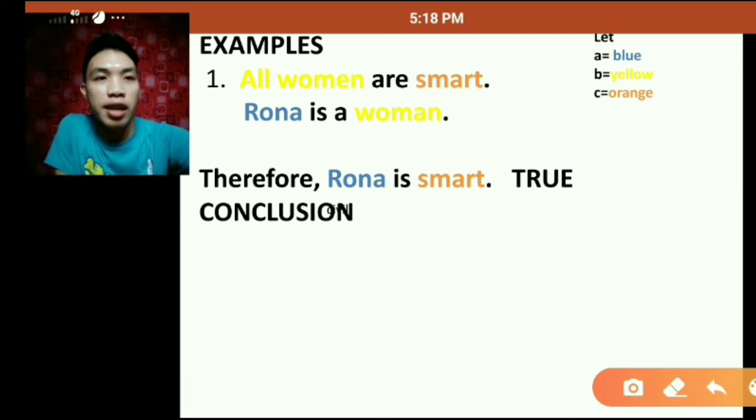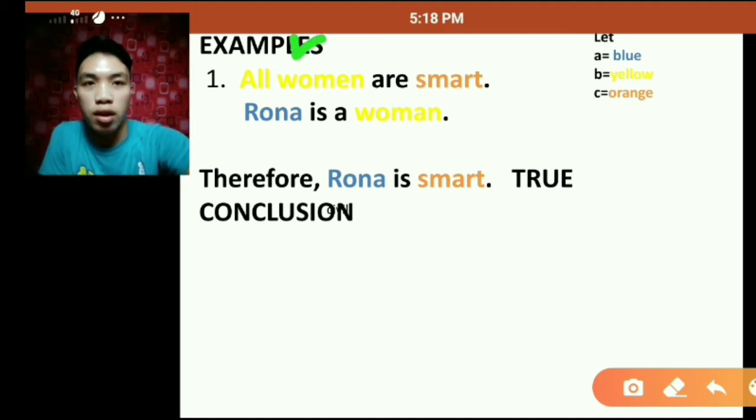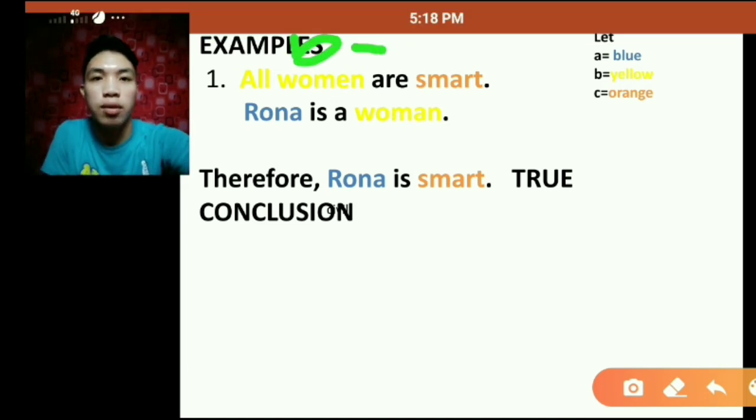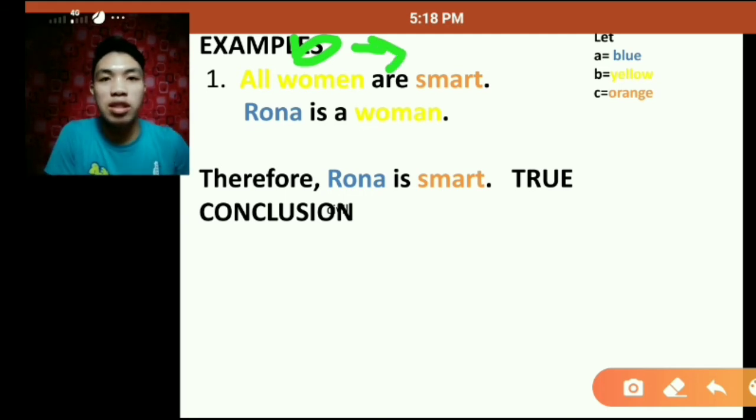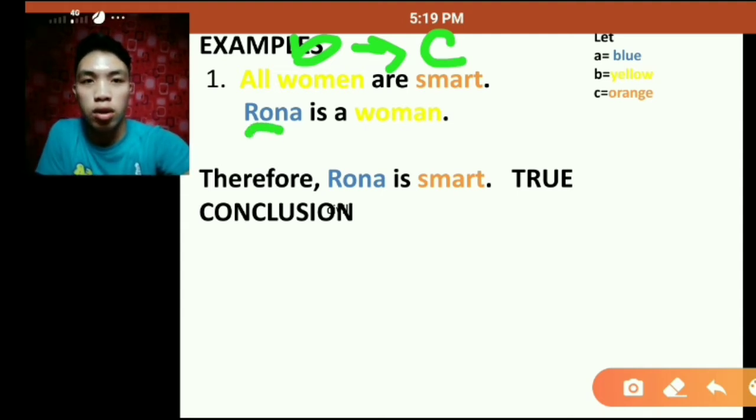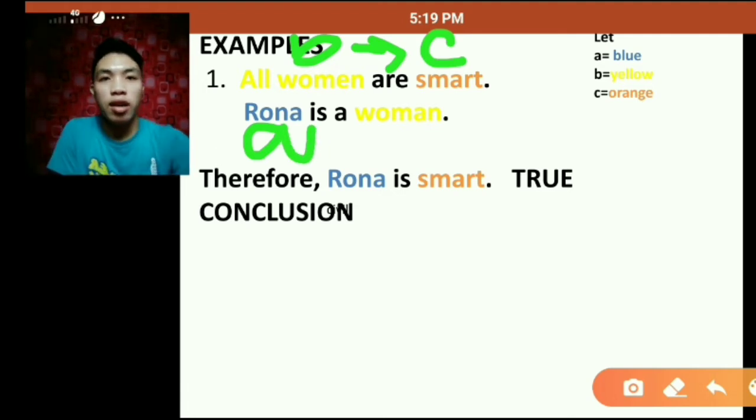Our first is colored yellow, so it is letter B. It implies smart, which is colored orange, so that is letter C. Since the word Rona is different from the other two in the first sentence, we substitute the remaining letter, which is letter A. Letter A implies what?